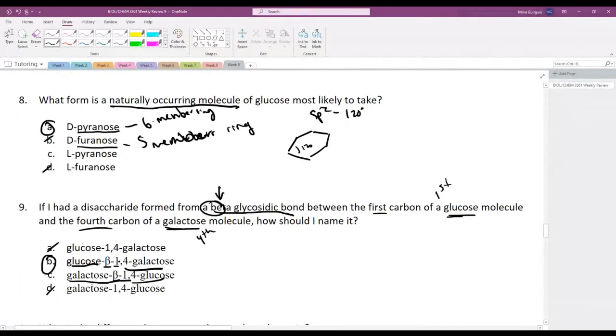So the naming is really important because it does help us get into the habit of understanding the bond itself. So if you give me glucose beta 1,4 galactose, if you have these 2 structures memorized, or if you have some reference sheet that you're allowed to cite, you can draw this bond. And that's something that's really important to understand.